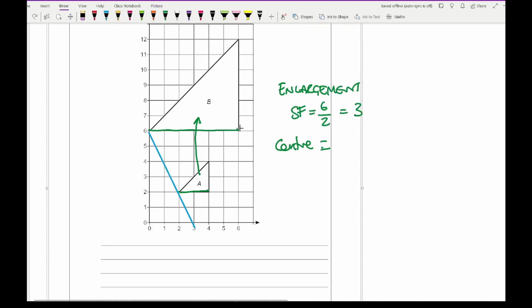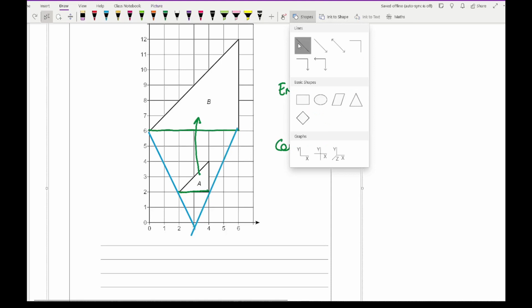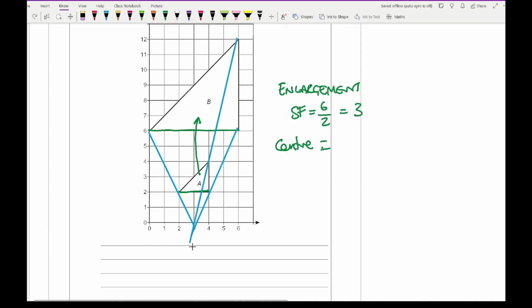You won't need to draw your projection lines, but I always strongly recommend that you do, because sometimes they're worth a mark in themselves. So if I join all of those points up with projection lines, you don't need to do all of them, but just to make sure it is helpful. So it's pretty obvious where my centre of enlargement is going to be. So I just need to write down that coordinate, which is 3, 0, and there is my final answer.